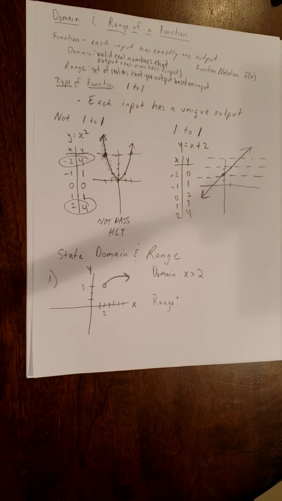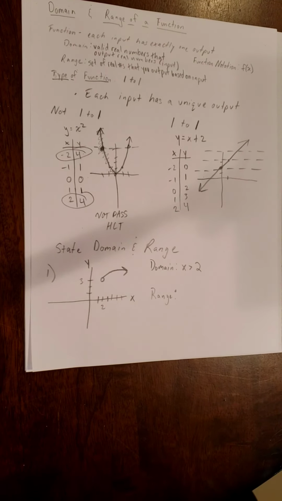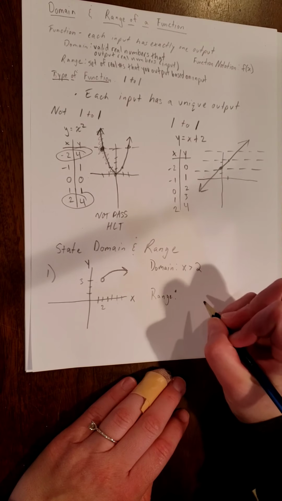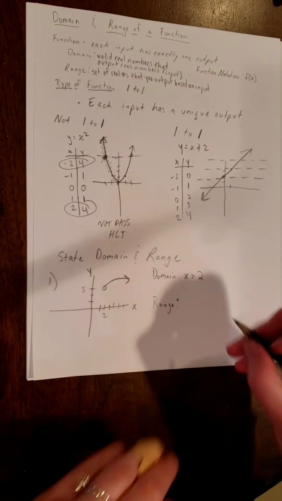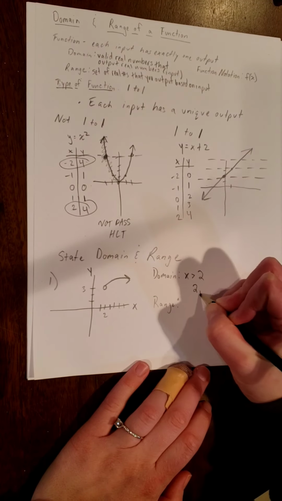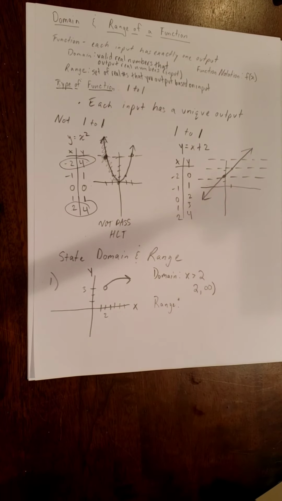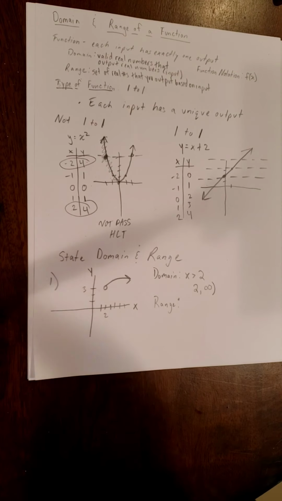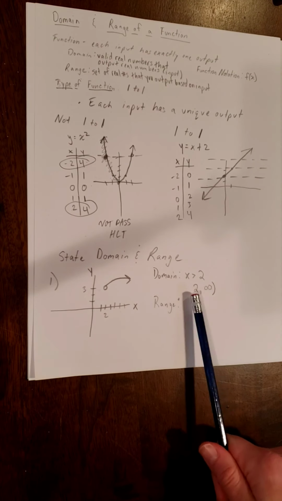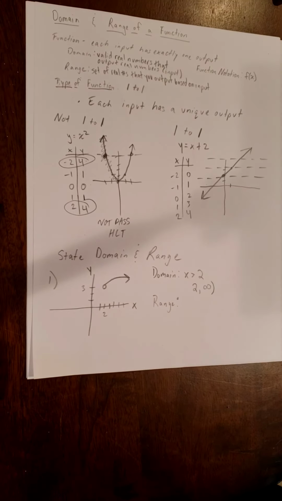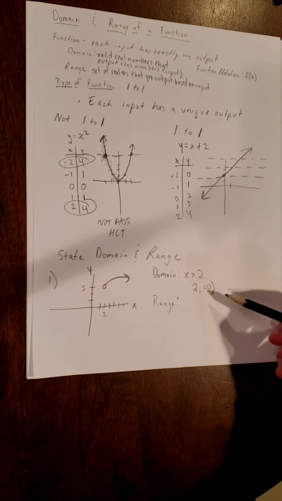Now, if we use interval notation, the same way of writing x is greater than 2, we would write that it starts at 2 and goes to infinity.